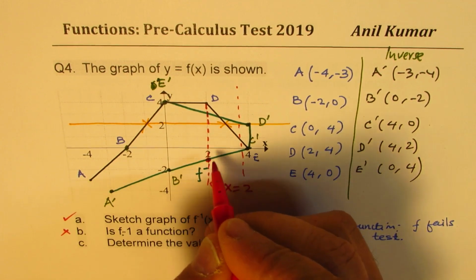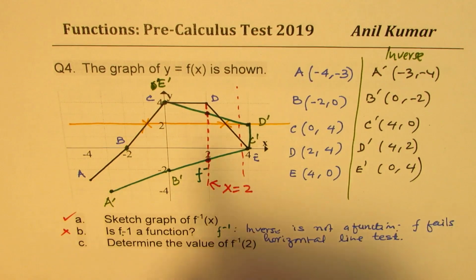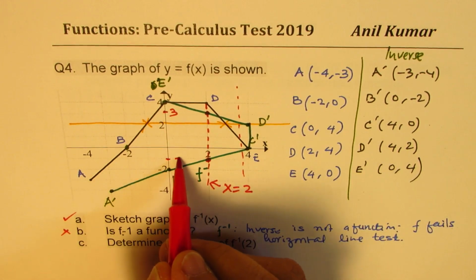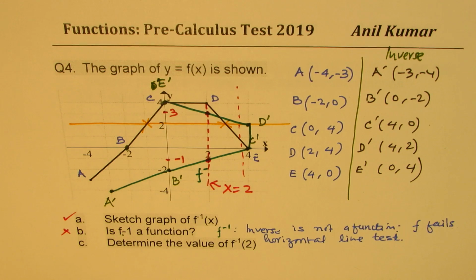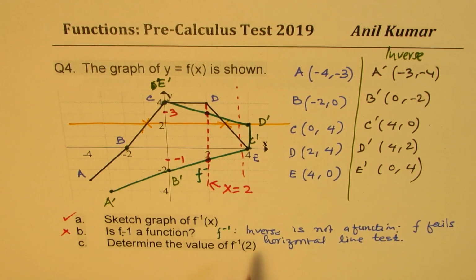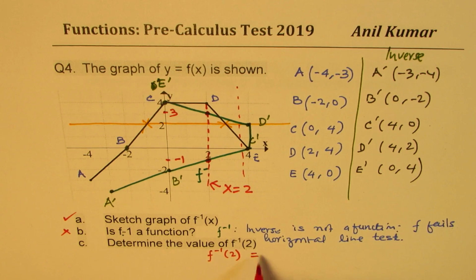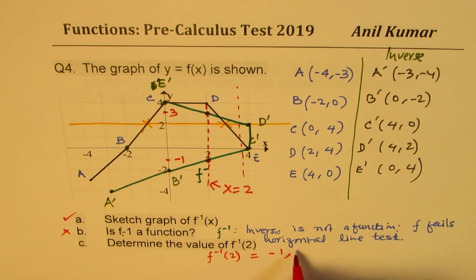These are the 2 points which you get, and their values are 3 and -1 from the graph. Correct? So we get 2 values for f inverse of 2, which are -1 and 3.